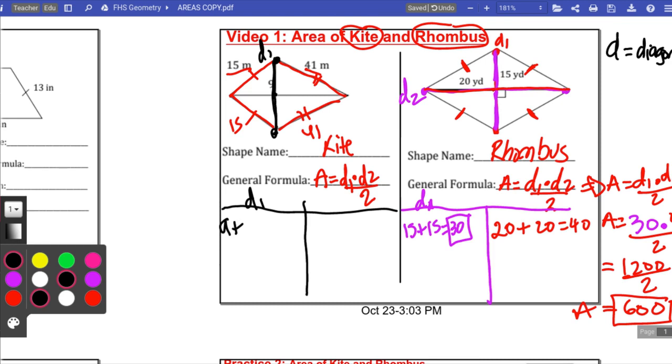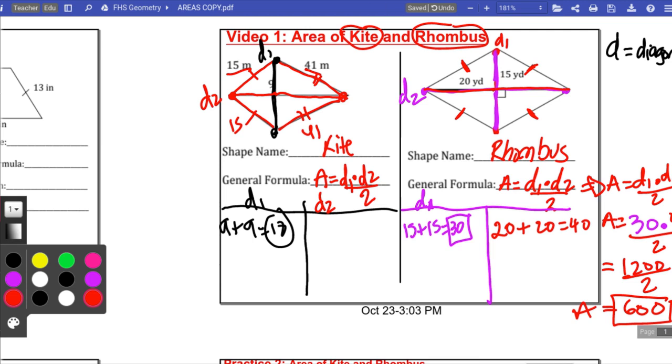You can just look at it and see 9 plus 9 is 18. So I have D1. The most interesting one is D2. To find D2 in this case, D2 goes from here. Notice that's a much shorter length compared to this one. So it's from this corner to this corner that has to be D2.